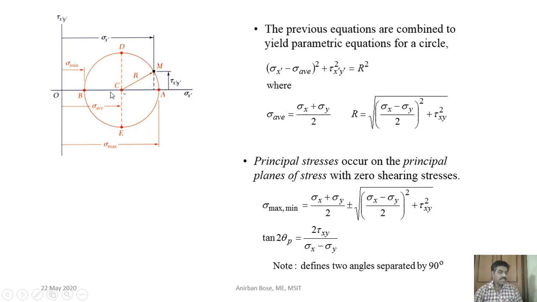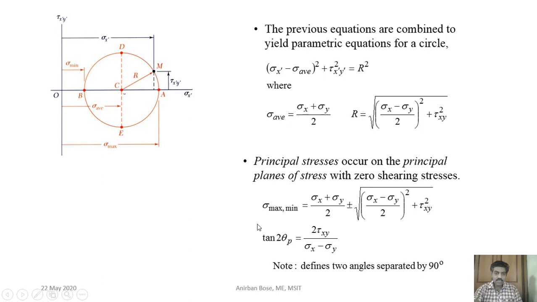So A and B are the points where the normal stresses are maximum and minimum, and most importantly the shear stresses are 0. So A and B indicate two particular planes such that at those planes shear stresses are 0 and the corresponding normal stresses are maximum and minimum, and these normal stresses are called principal stresses.